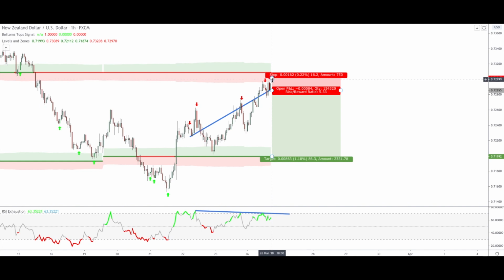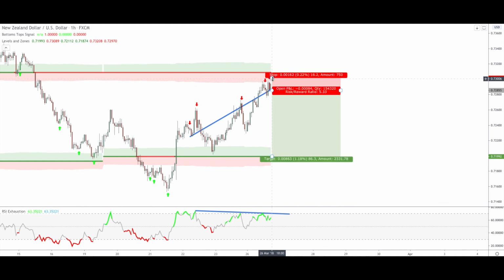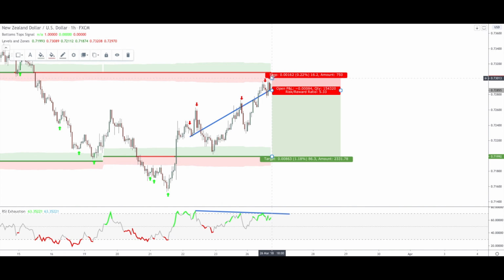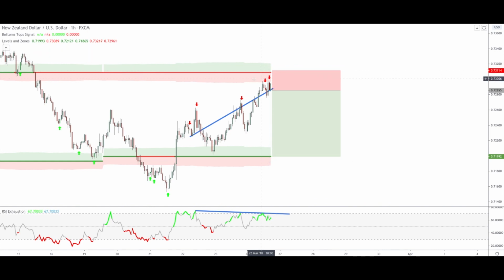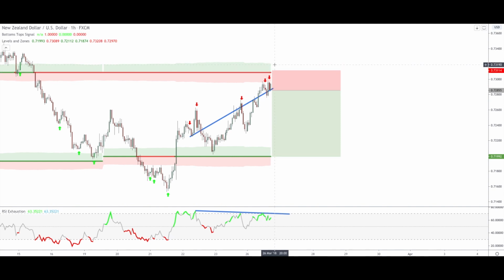We give it a bit more room to move, but I'd say this approach is very aggressive, because in this kind of scenario I like to keep the stop loss above the resistance, so that we are super protected by the sell zone and the resistance as well, but at the same time we are moderately aggressive. So this is the setup.